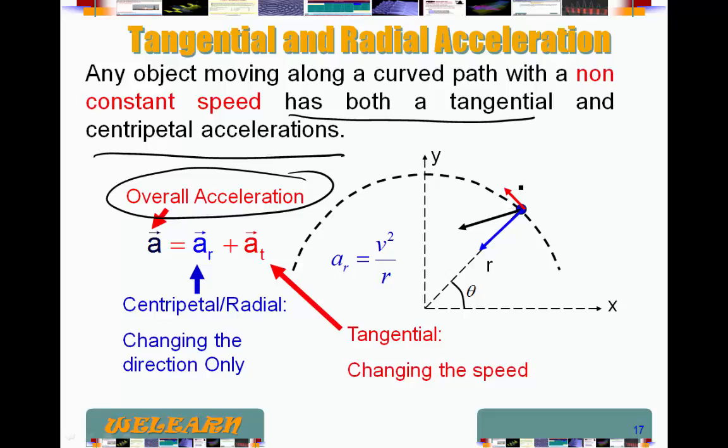The overall acceleration then is going to be the sum of both vectors, so it's going to be neither tangential nor radial. But that's not really as important for us here, as long as we remember what's responsible for changing the direction and what's responsible for changing the speed.